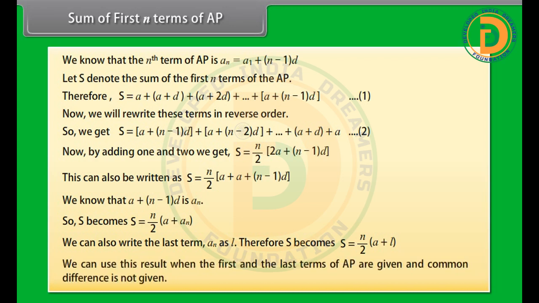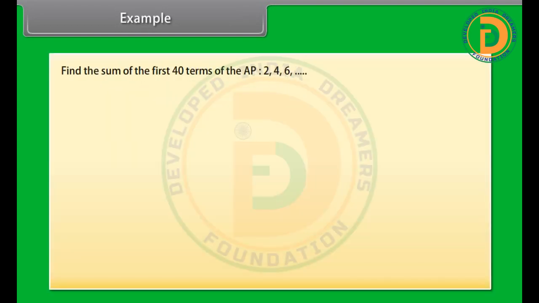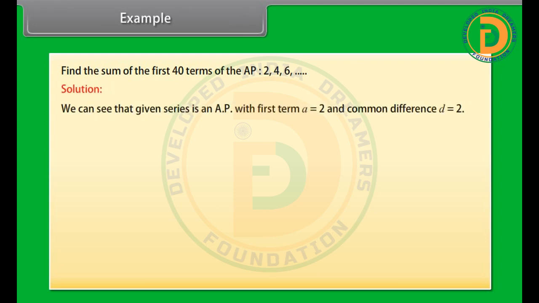We can use this result when the first and the last terms of the AP are given and the common difference is not given. Example. Find the sum of the first 40 terms of the AP 2, 4, 6, and so on. We can see that the given series is an AP with first term a equal to 2 and common difference d as 2. We have to find the sum of first 40 terms.